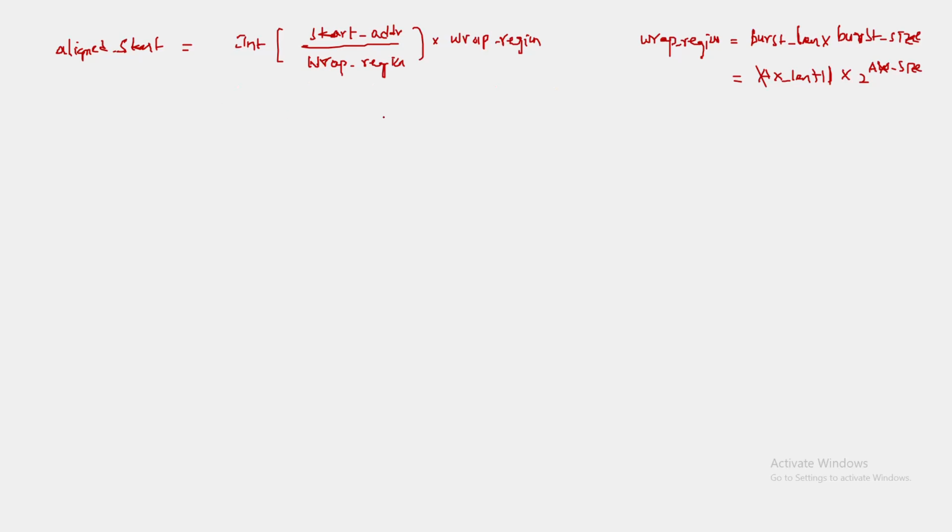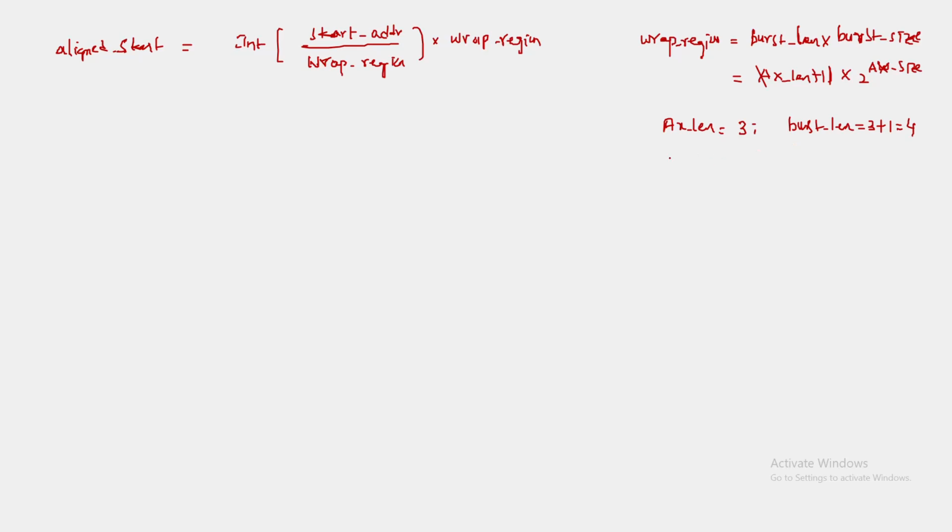Here, the value we are giving is AX length is 3. Suppose you consider that, previously we considered AX length is 3, and then the actual burst length is 3 plus 1, that is 4 transfers you are transferring here.